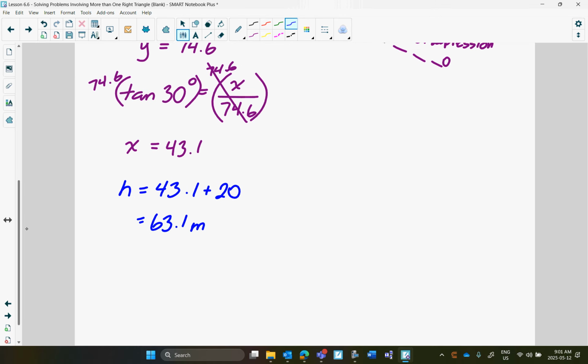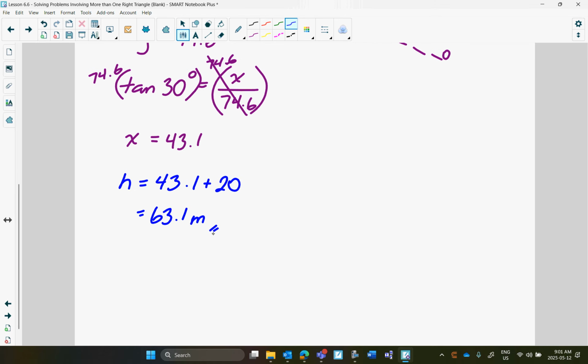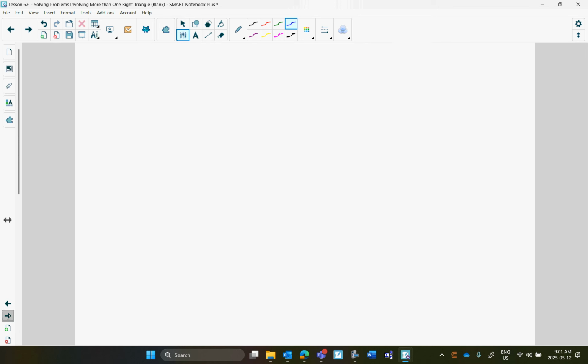Yeah, meters. Okay, so they get a little involved. The last one.